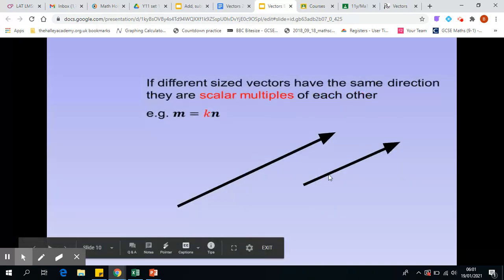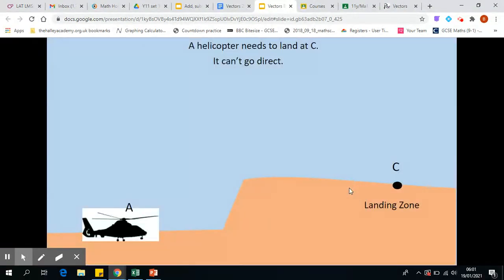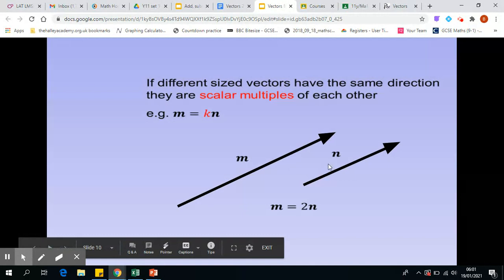If different size vectors have the same direction, that is, scalar multiples of each other, they are still parallel because they're going exactly in the same direction. In this case, m could be 2 lots of n or possibly 3 lots of n. Hence, we've written m is equal to kn.